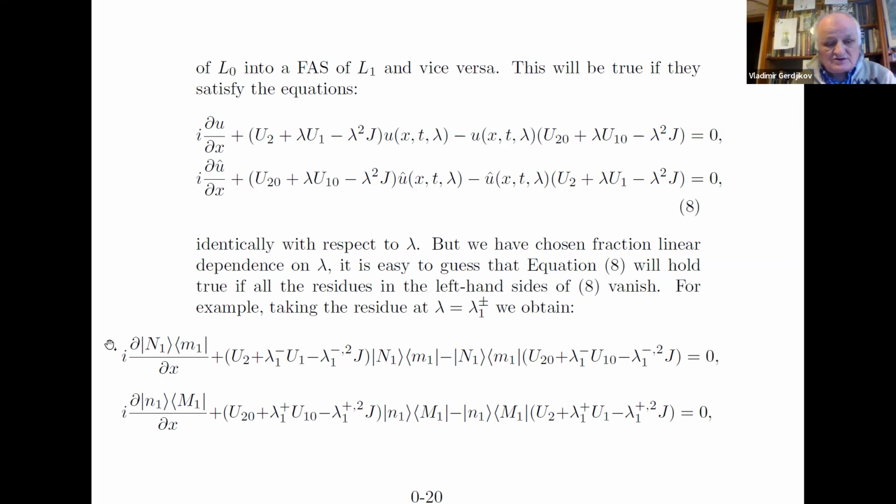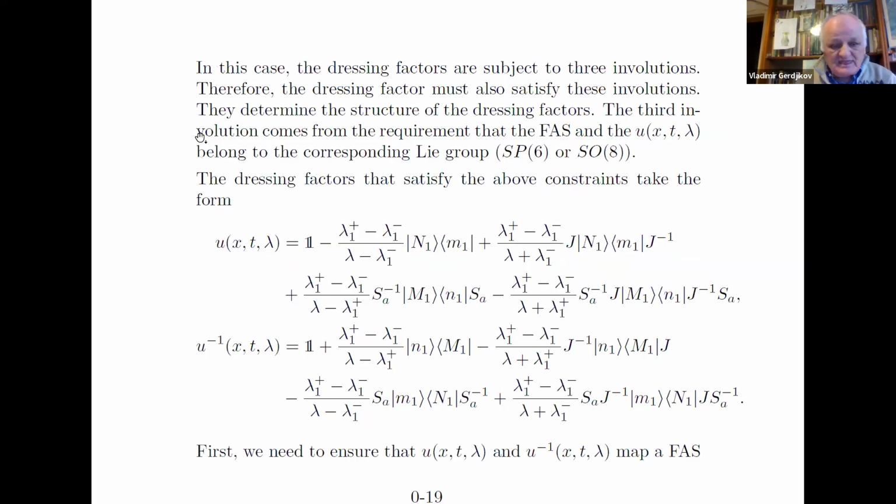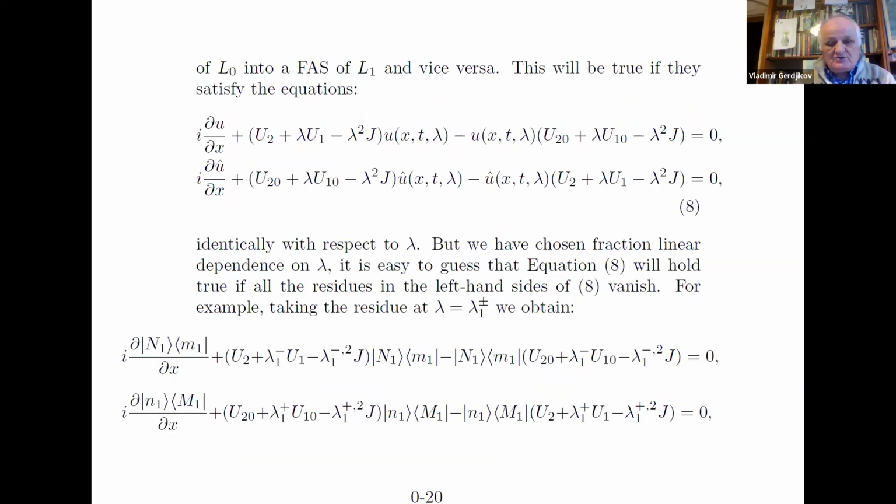Now if you put in U, this long expression, and calculate the residue at lambda 1 minus, which means you multiply by lambda minus lambda 1 minus and take the limit when lambda goes to lambda 1 minus, this is not a very difficult procedure.